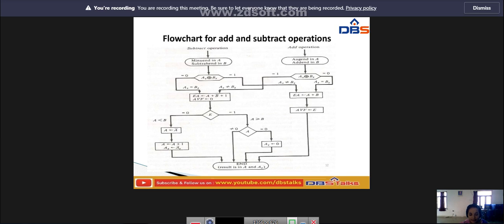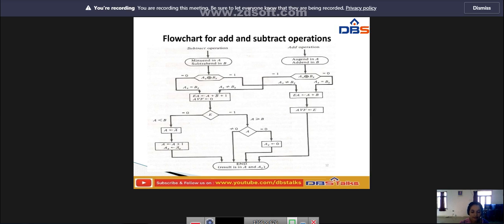So identical signs indicate that magnitude B is added for an add operation, and different signs indicate that magnitude B is subtracted for a subtract operation.